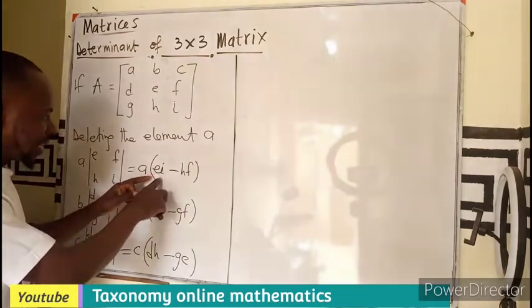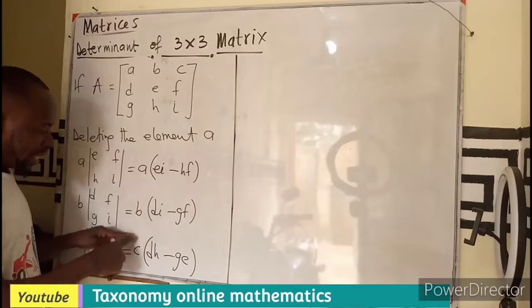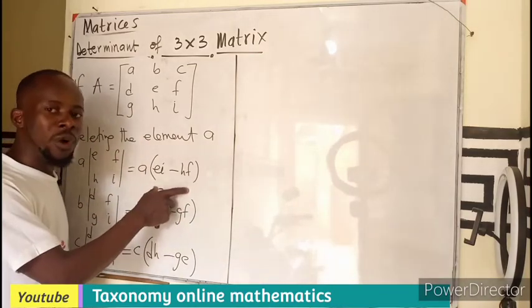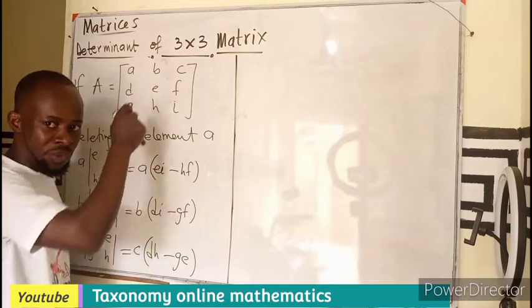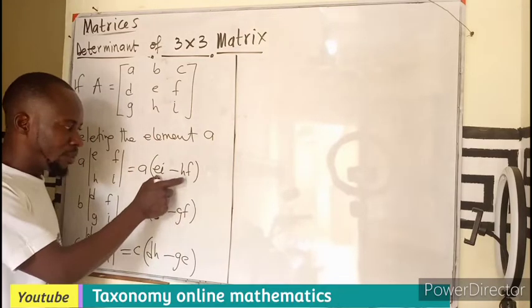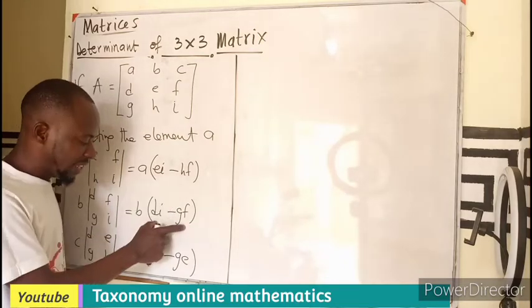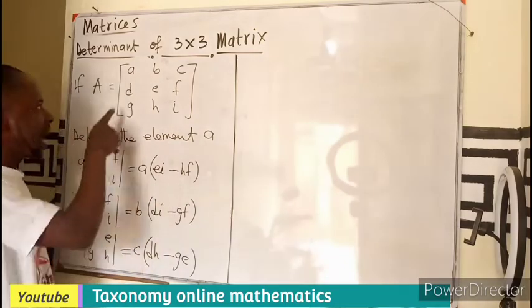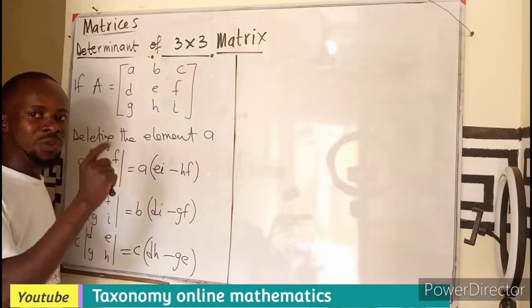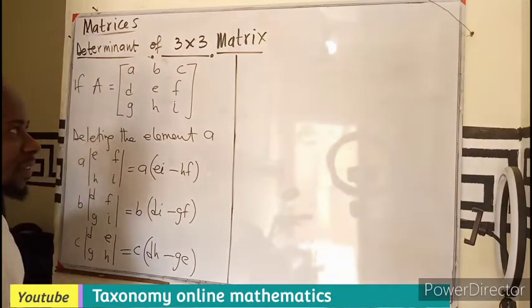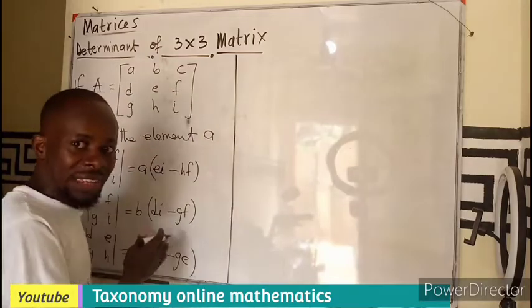Don't forget, what we are seeing in the bracket without the A is what we call the minor. Minor of what? A 2 by 2 matrix from the 3 by 3. So in this case, we are only multiplying the element by the minor. This is the minor. After I cover an element with its row and column, this is the first aspect.